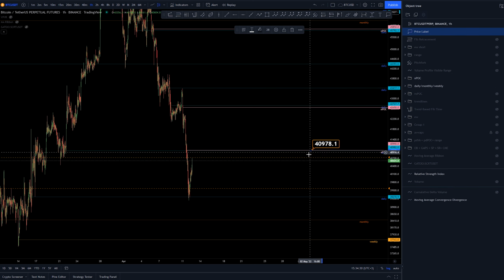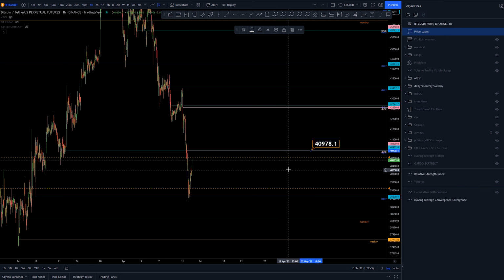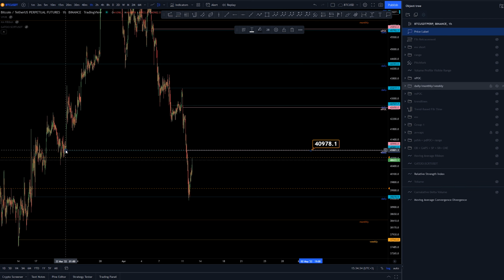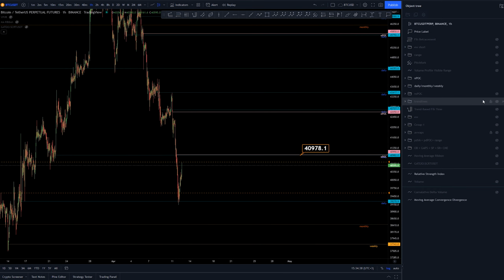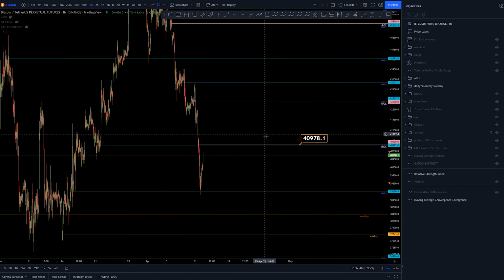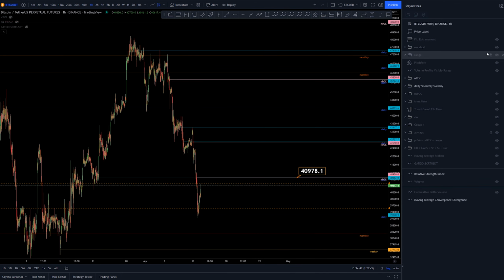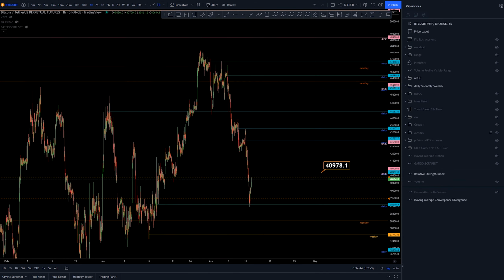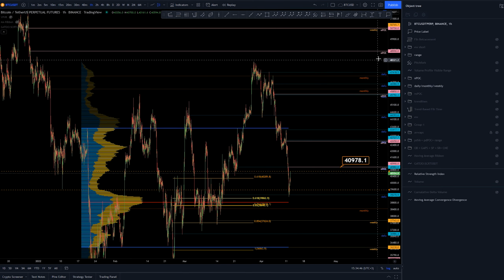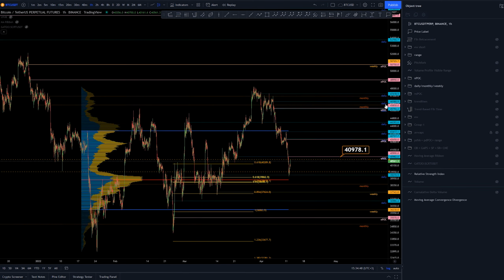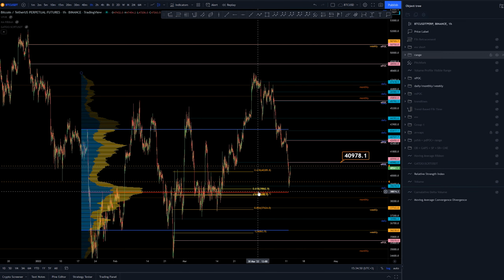There is another naked point of control and a daily level from the 21st March. Also, just by looking at this area, we can see on this larger time frame range there's really good support below us as well.